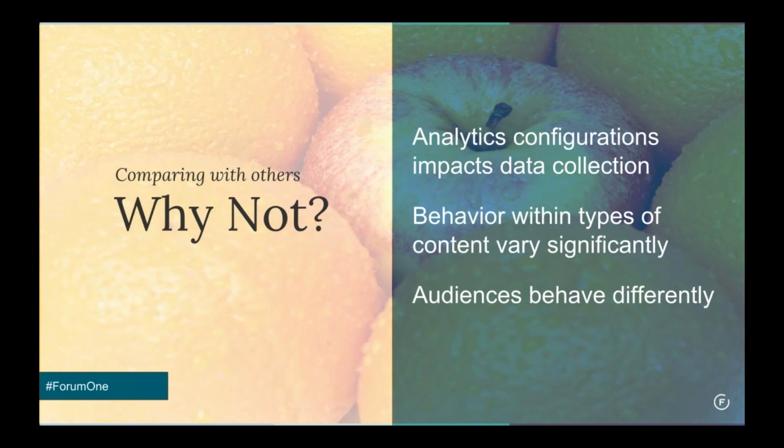Different audiences have different goals, and therefore it's almost impossible to know exactly how different organizations are engaging those audiences. So the key here is to have KPIs that align with your audiences and your content types and your analytics configuration, and then setting goals and trying to meet them over time.